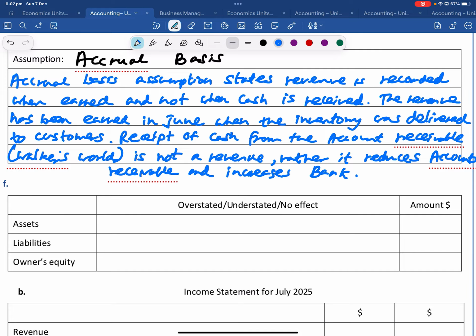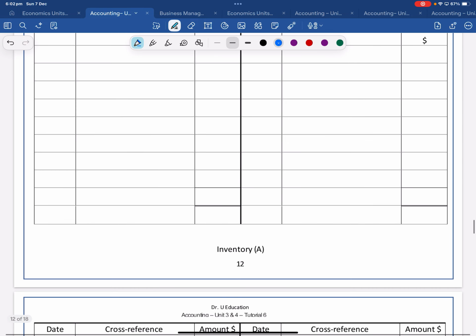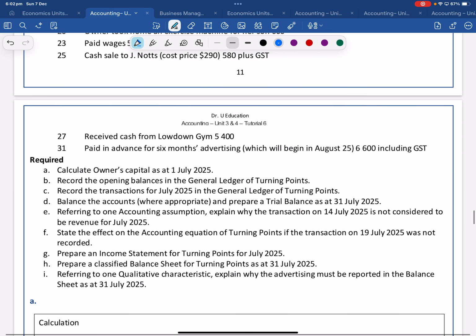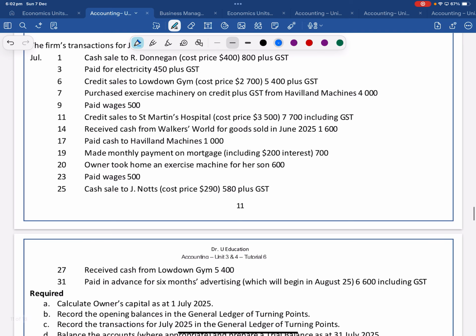Right. Part F, guys. State the effect on the accounting equation if the transaction on 19 July was not recorded. So what has happened on the 19th July? Made monthly payment on mortgage, including 200 interest.